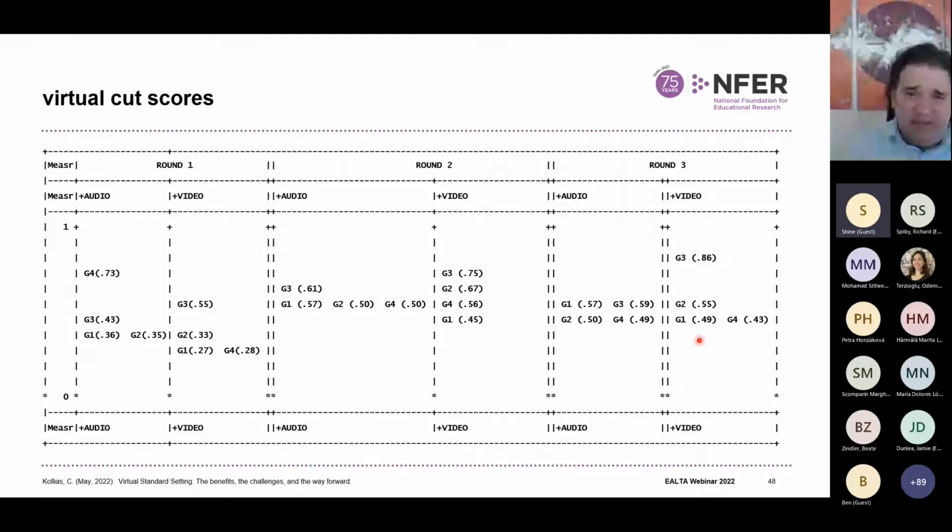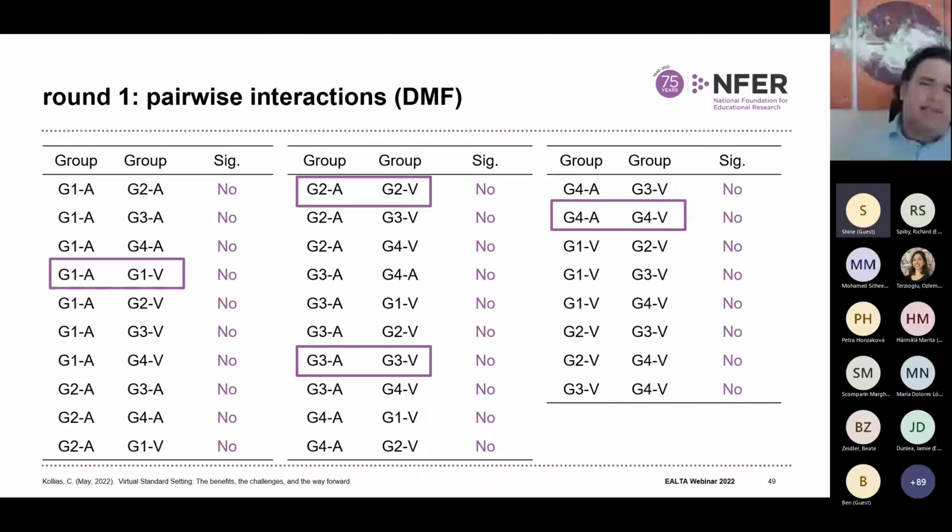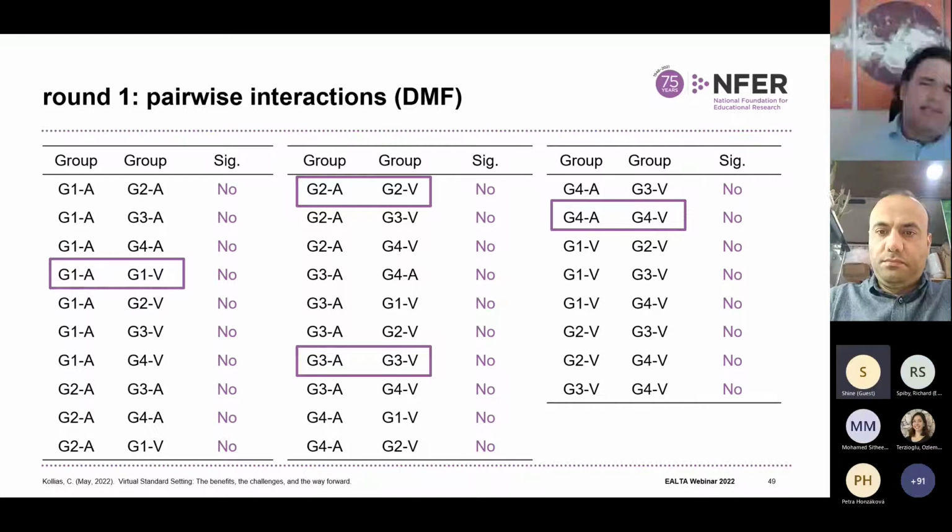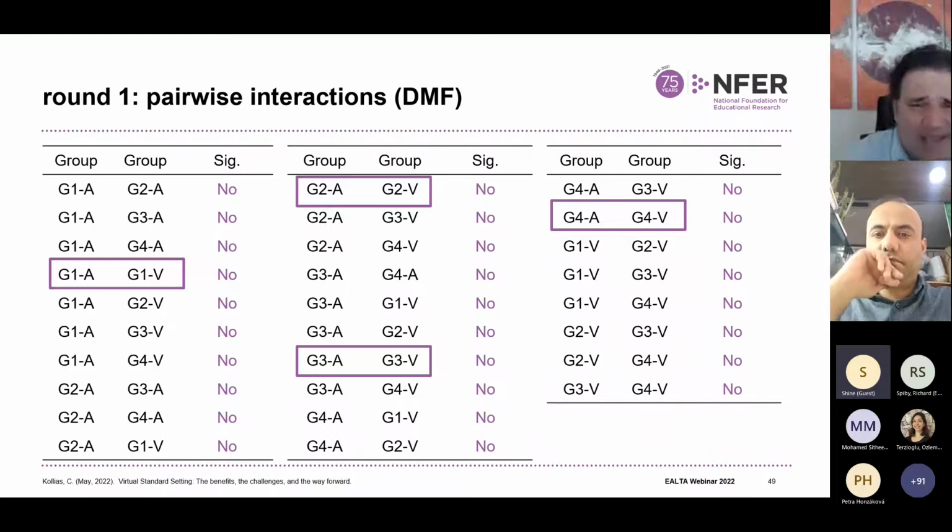Conceptually, when it comes to who passes or not, 0.86 is not the same as 0.55, but the cut scores are comparable within rounds, okay, and across groups. Now, I also wanted to investigate whether cut scores were comparable and whether any group exhibited bias in either of the two media.